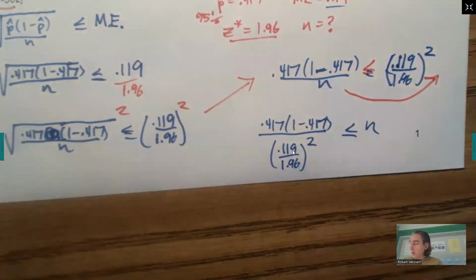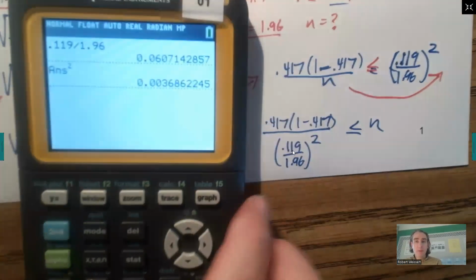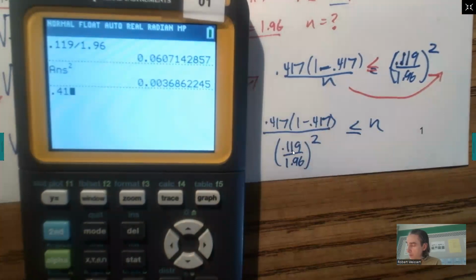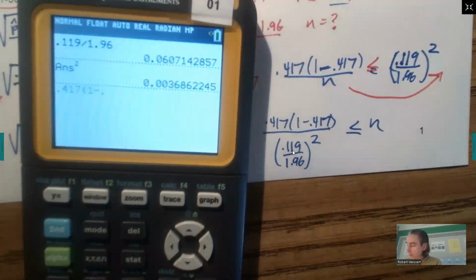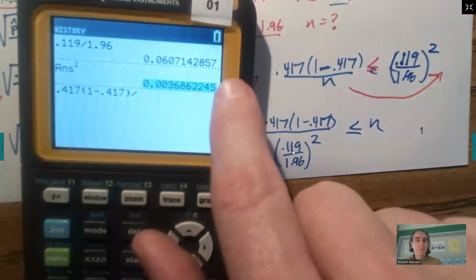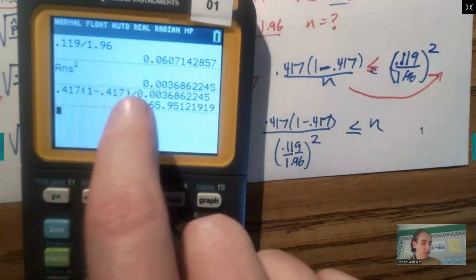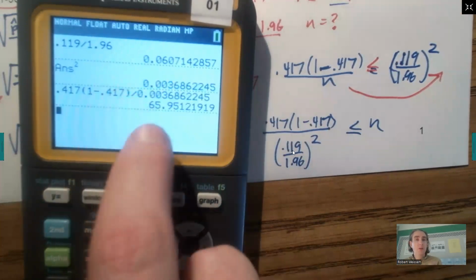Once I write all that down, I go into my calculator and type the top part, 0.417, parentheses, 1 minus 0.417, close it up, and I divide, and I just scroll up. Press enter, and that'll be your number as a decimal.